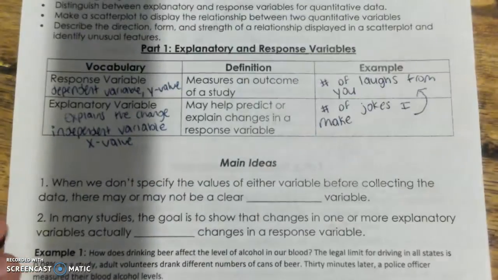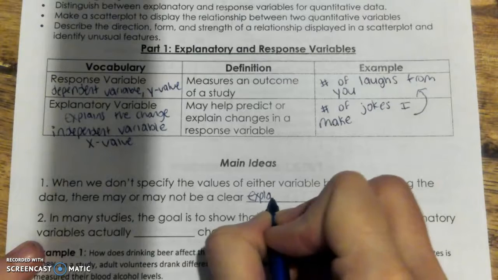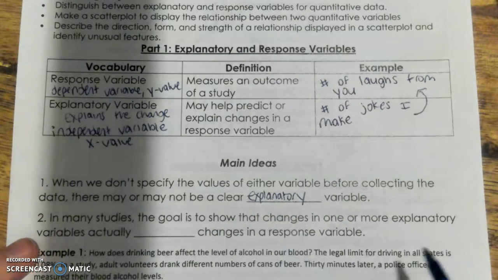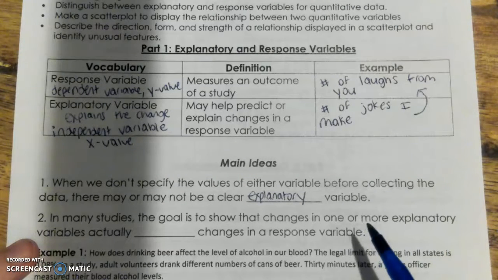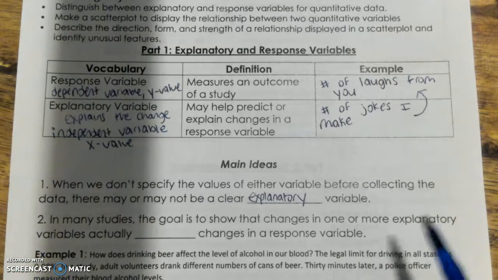Now some main ideas here. When we don't specify the values of either variable before collecting data, there may or may not be a clear explanatory variable. So there could be situations where you cannot identify what's the explanatory variable and what's the response variable. So you're not sure which comes first or which is the explaining, and that's fine.